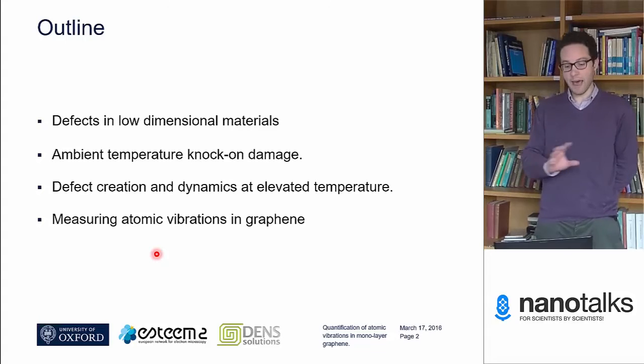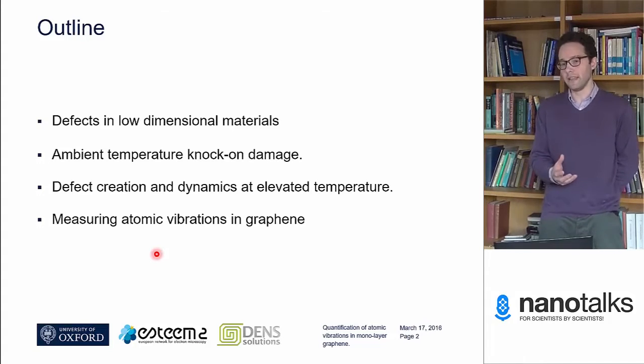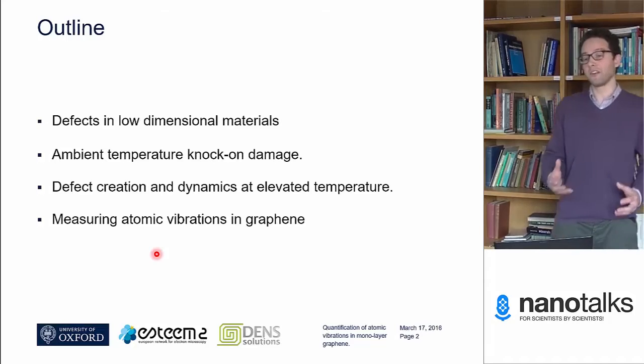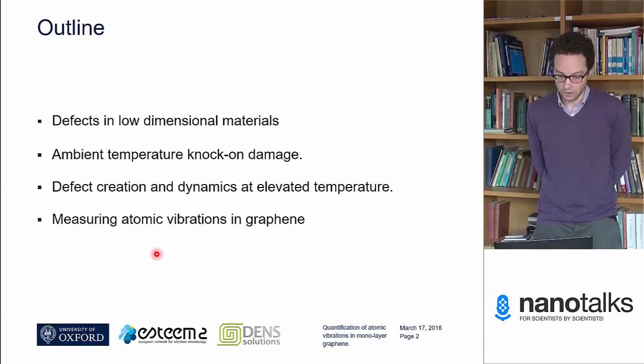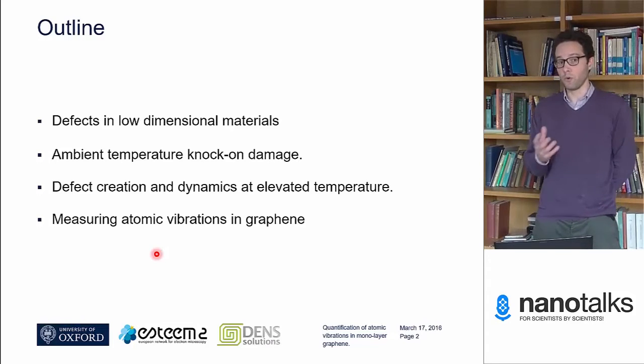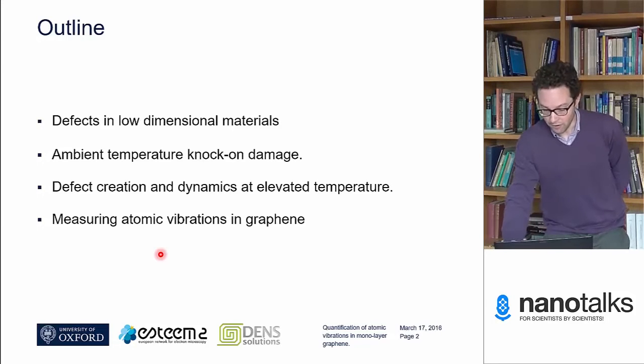I'll then talk about ambient temperature knock-on damage, because in order to understand the formation mechanisms and evolution dynamics of these materials, we have to understand the interactions between our incident electron beam and our sample. I'll then talk about defect creation dynamics at elevated temperature, where I'll present some of the more qualitative results we've got looking at our samples heated with the DENS holder, and then finally come on to the advertised topic, measuring atomic vibrations in graphene.